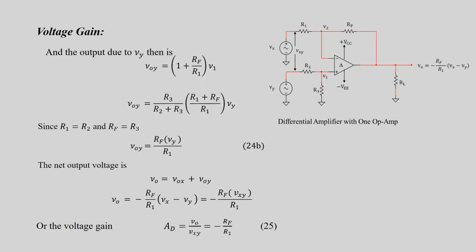So now we need to calculate the output because of Vy, or because of V1. So VOY is 1 plus RF by R1, which is the gain in the non-inverting configuration, into V1.